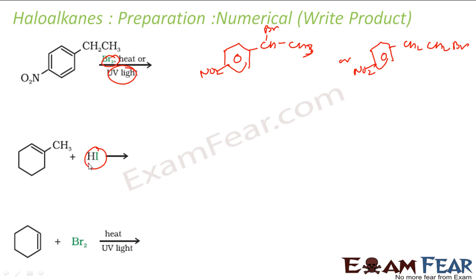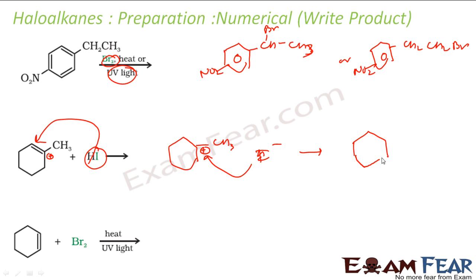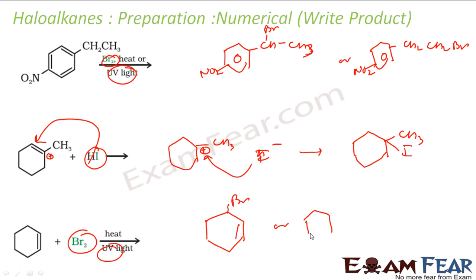So hydrogen will attack first at this position because it will form a more stable 3 degree cation. So it will be H here and the cation here. On this cation, I minus will attack and it will form this compound. Since again it is bromine in the presence of light, one bromine can be attached anywhere. It can attach here or anywhere.